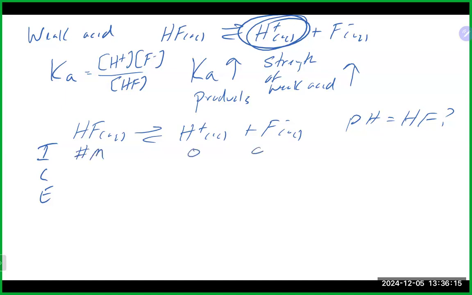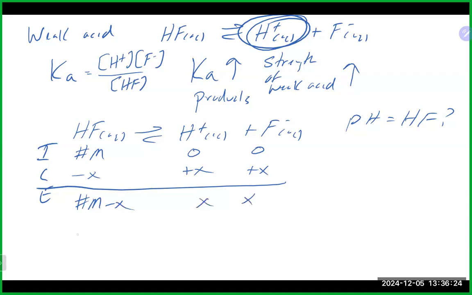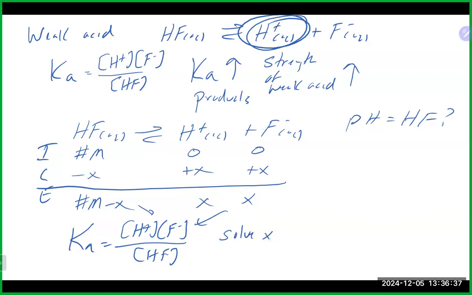You would zero these guys out. This is going to be a minus X, plus X situation. We'll take our initial molarity minus X, X, and X. Clearly, this would go into our Ka expression. Obviously, we'd put all these guys in, and here we would solve for X.